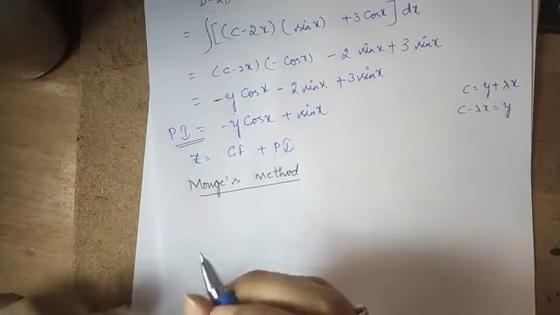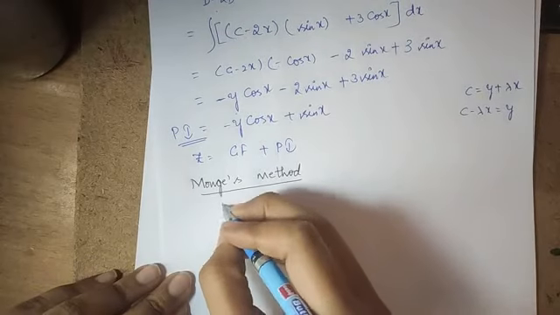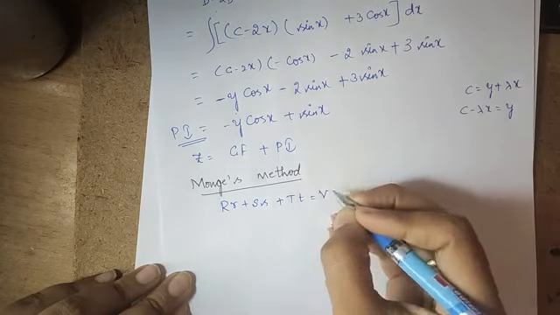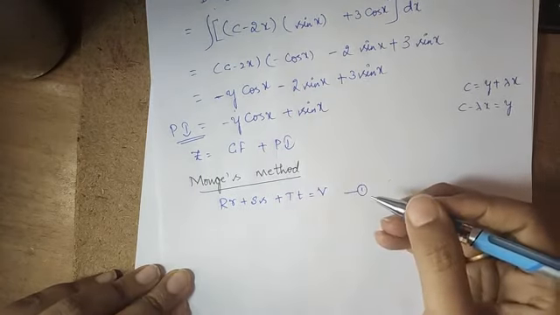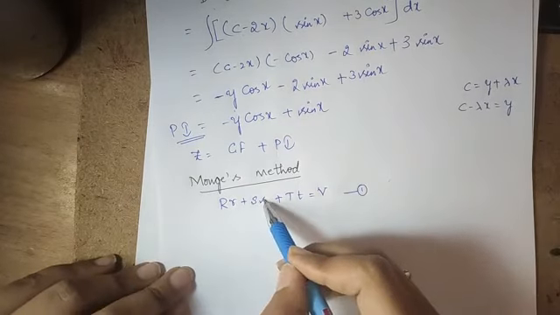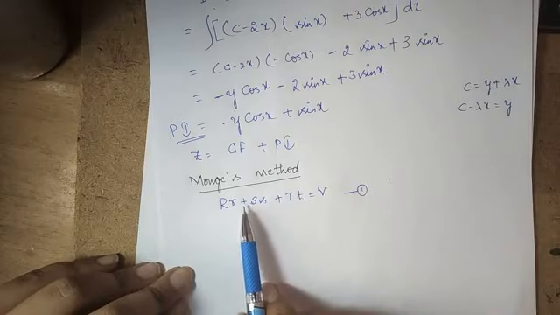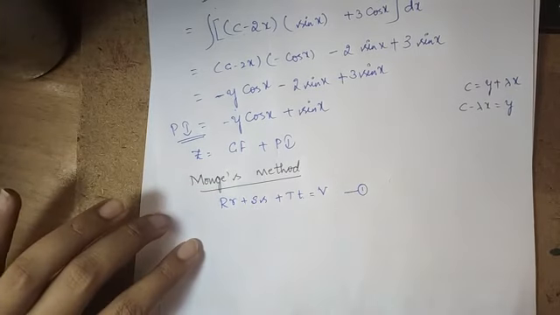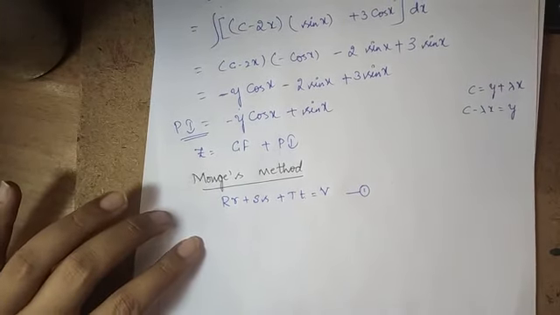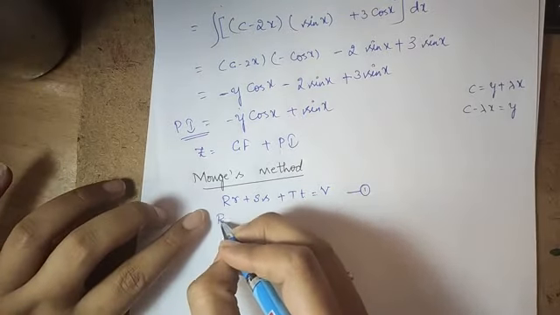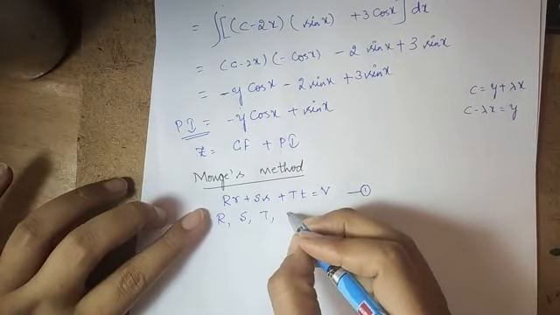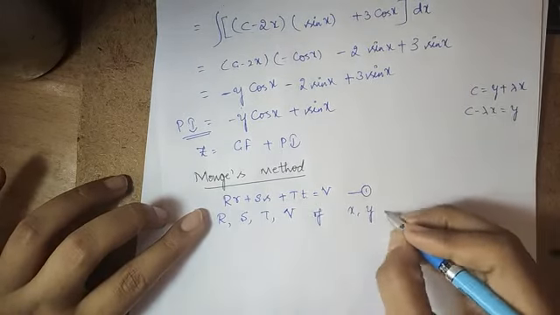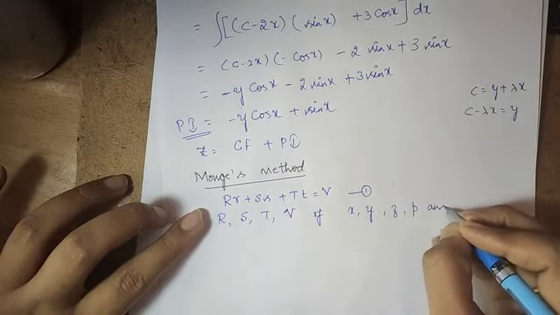Here you will integrate the PDE which is of the form Rr plus Ss plus Tt equal to V. This equation will be of first degree, where the coefficients R, S, T and V will be functions of x, y, z, p and q.